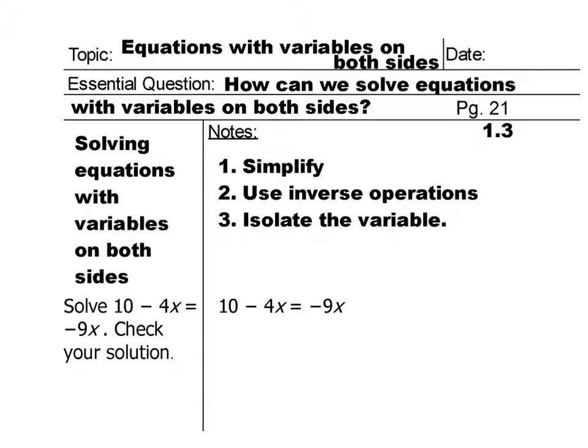So for that first one, we have 10 minus 4x equals negative 9x. What am I going to do? I'm going to add 4x to both sides, right?